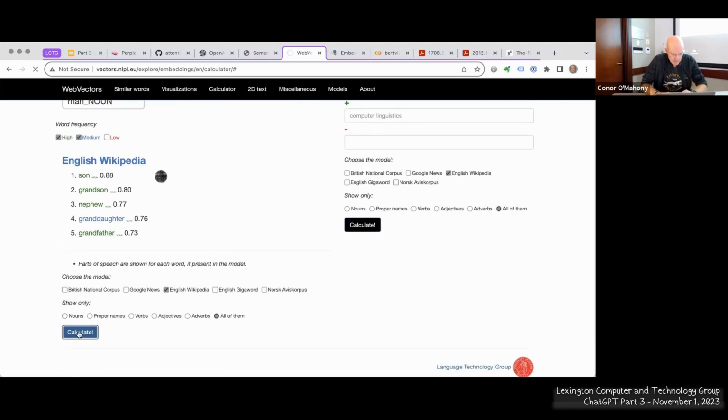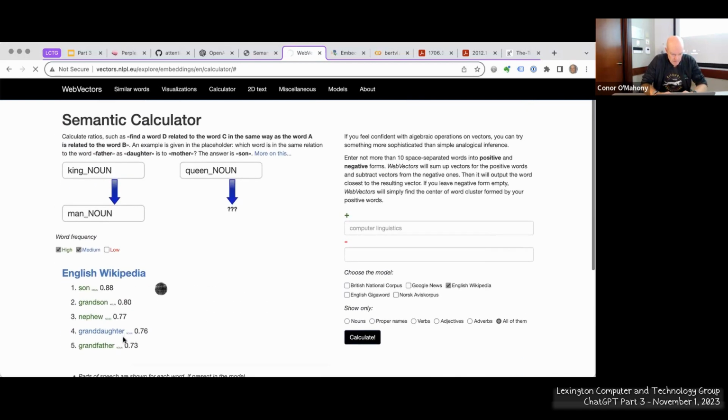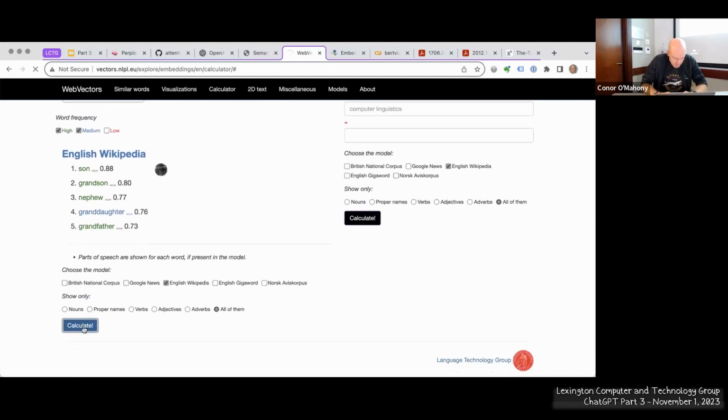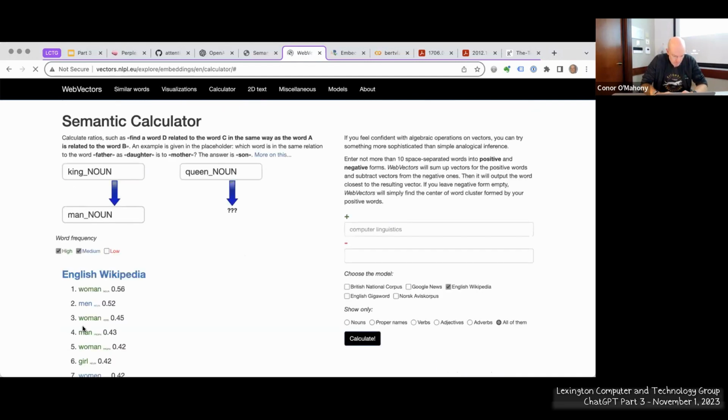Did I click on that? Oh, here we go. Finally. I think it was selecting the button rather than clicking on it. And so it says, okay, the most likely is woman.